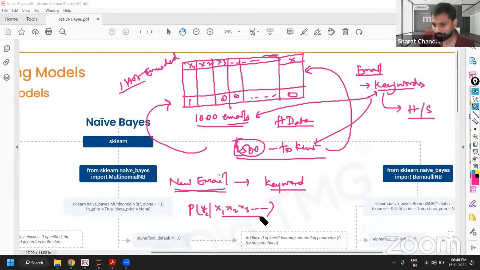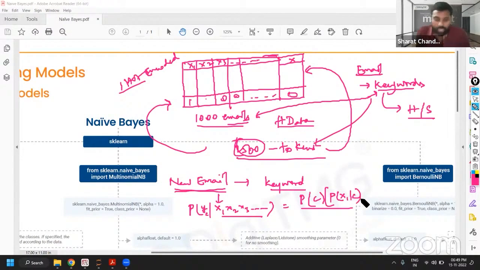These are your conditions. So when you talk about this equation, the formula says the probability of your class, which from the historical data we'll be able to identify, multiplied by the probability of this specific keyword in the class. So if you're trying to measure the chance of the email being spam, then how much influence this word has in those emails.